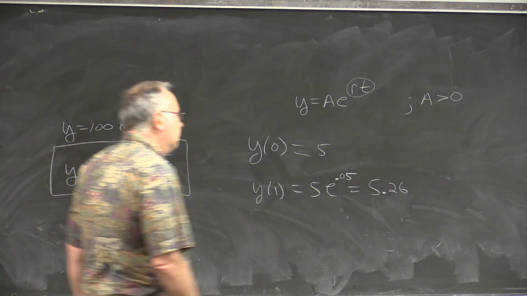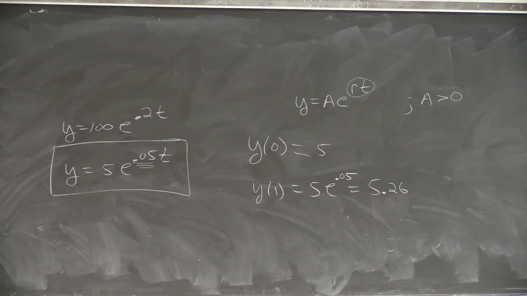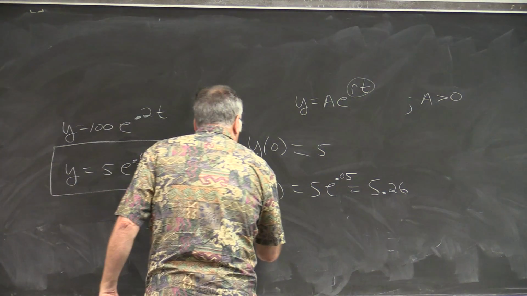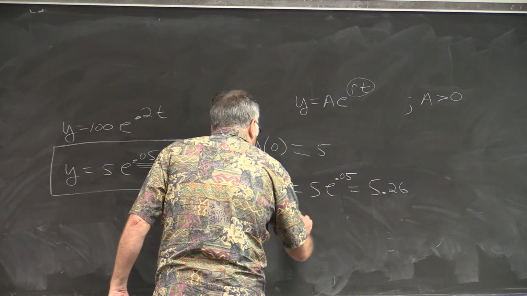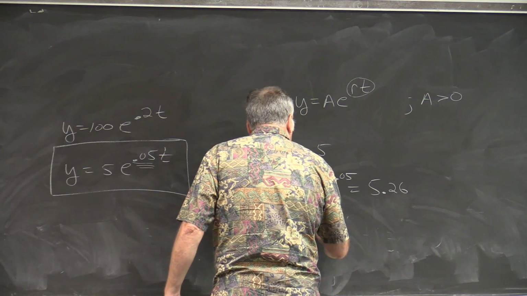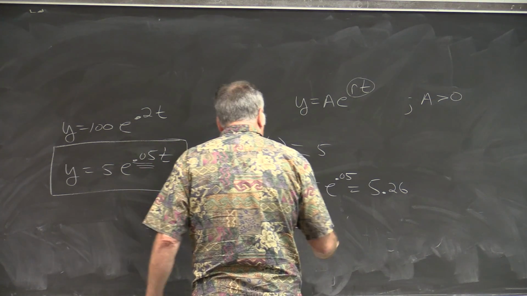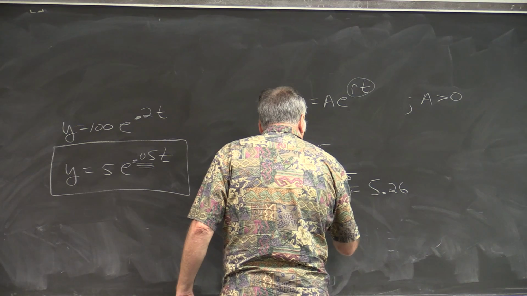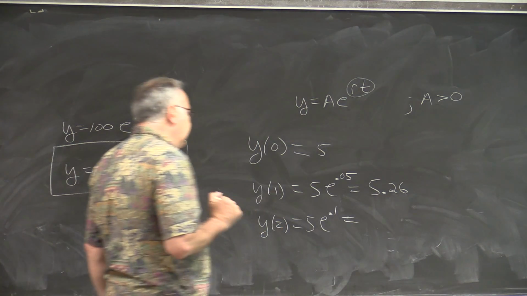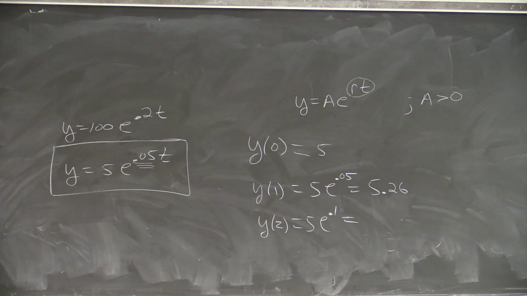Okay. So that would be the population at the end of 1 year from today. What would be the population 2 years from today? That would be y of 2. So that would be 5 times e to the 0.1. And do this calculation. What is that equal to? 5.53.